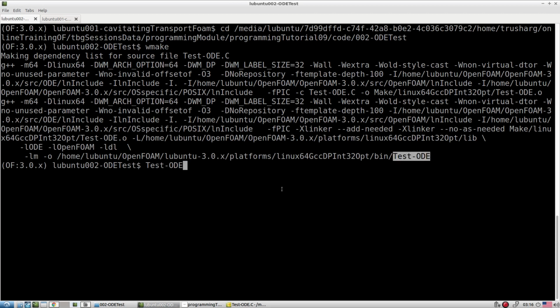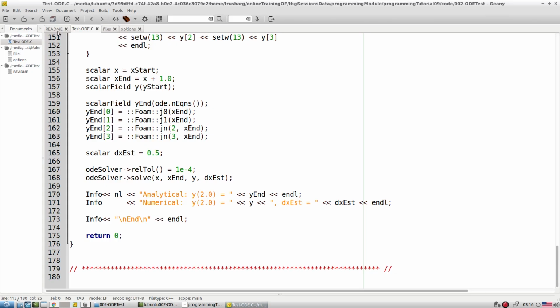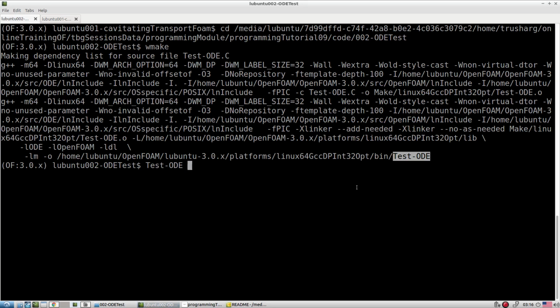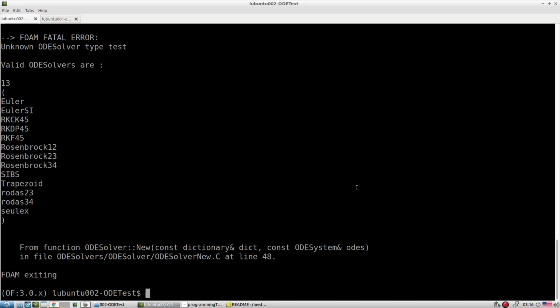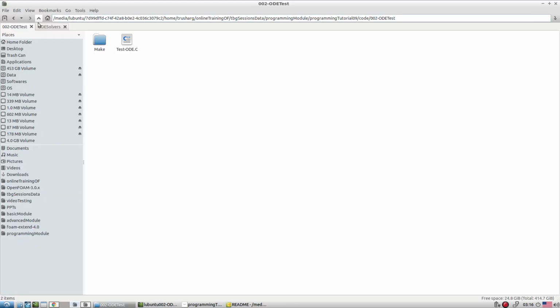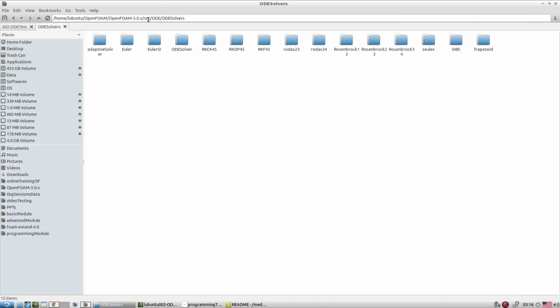Now if we want to run it, a few things are required. We have to define the solvers. Let's say you don't know what types of different solvers are available, then write down, let's say, test. It will show you all the available solvers, and all those entries you will see inside this src folder.